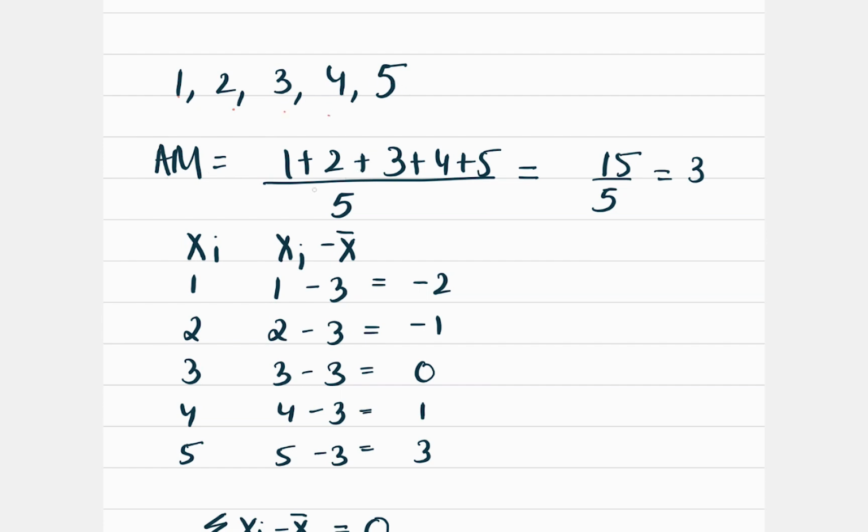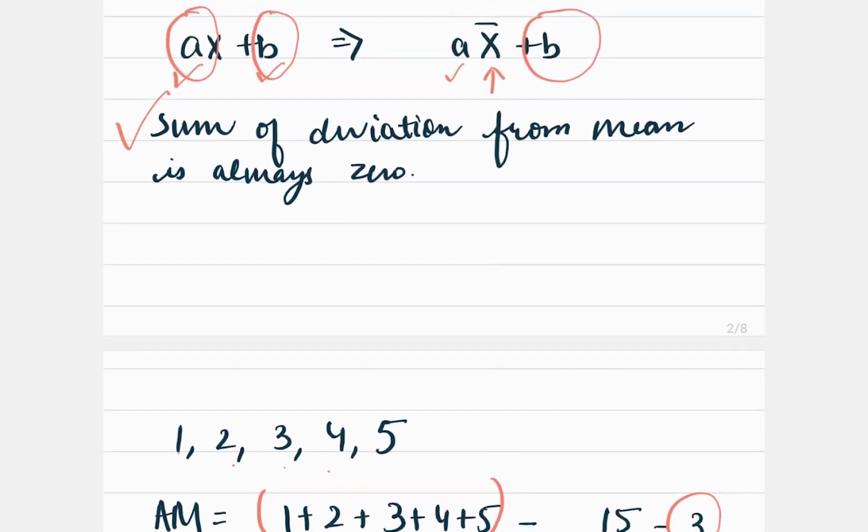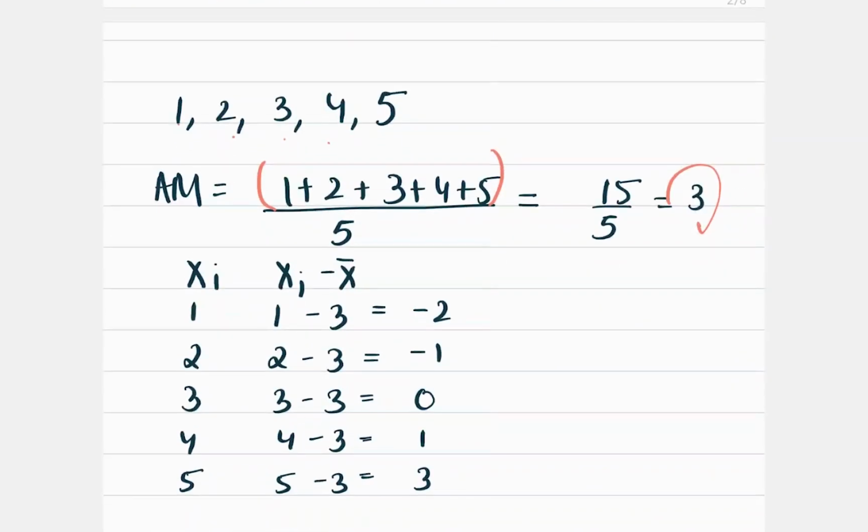So arithmetic mean will be the sum of all observations divided by the number of observations, which comes out to be 3. Now, the sum of the deviations. When we say sum of the deviations, it means that if from each observation we subtract the mean value and then sum it all over, it should come out to be 0. This is what we mean by this statement.